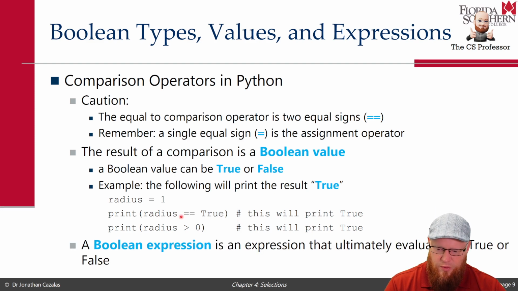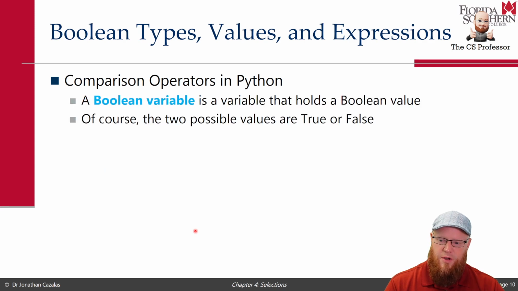This right here, radius equals 1, or radius greater than 0, those are called Boolean expressions. A Boolean expression is an expression where you compare two values using a comparison operator, and the result of that comparison is true or false. That entire expression is called a Boolean expression, and it will ultimately evaluate to true or to false.